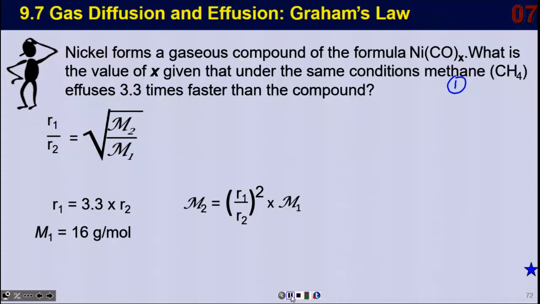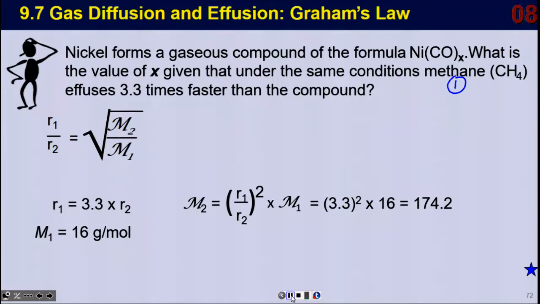And how do we use it? The mass of gas 2 is rate 1 divided by rate 2, squared, times molar mass 1. Put in R1 is 3.3 times R2, and that means R2 cancels out. 3.3 squared times 16 gives you 174 as the molar mass.